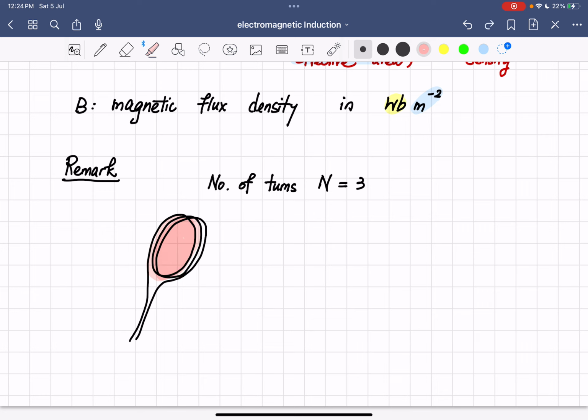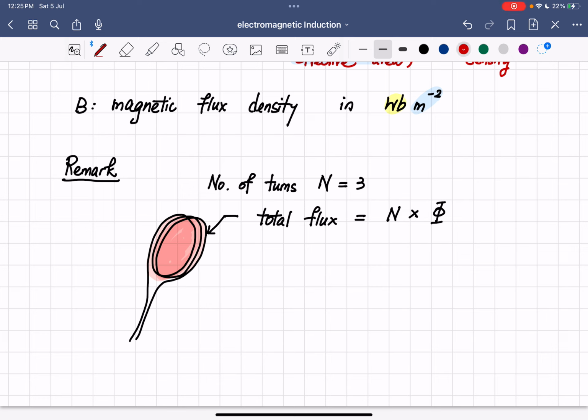Wow, this is so funny. So in total, the total flux we should consider should equal 3 times the flux of each loop, so it should be equal to N times phi.